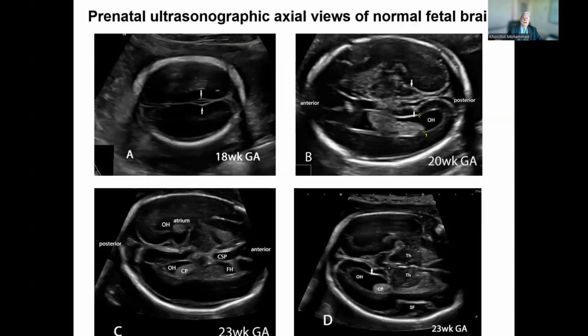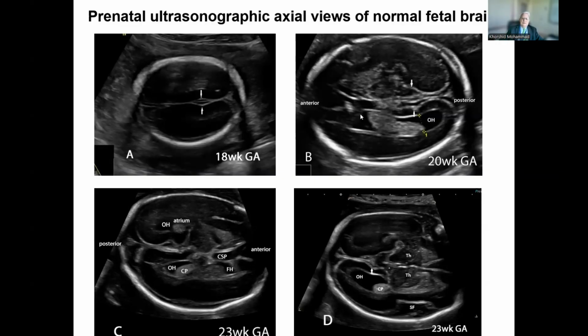Now, looking at the parieto-occipital fissure in axial views of ultrasound, at 18 weeks, you can see it just beginning. Actually, you can see it at 16 weeks, but it just looks like a little dot on the medial side of the hemispheres in the posterior region.